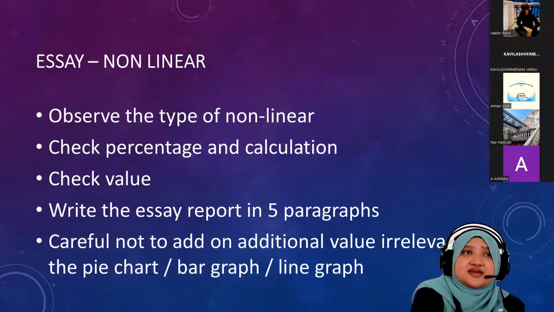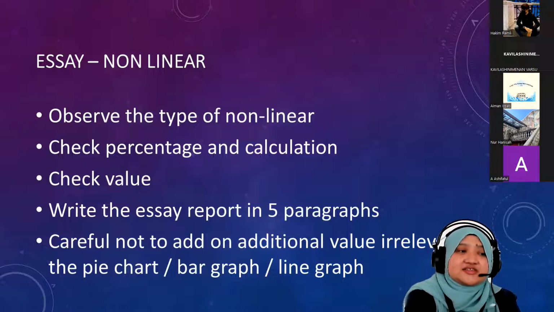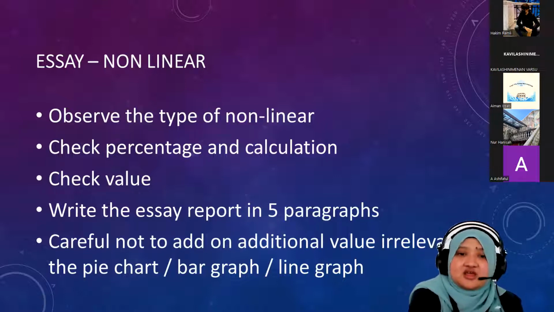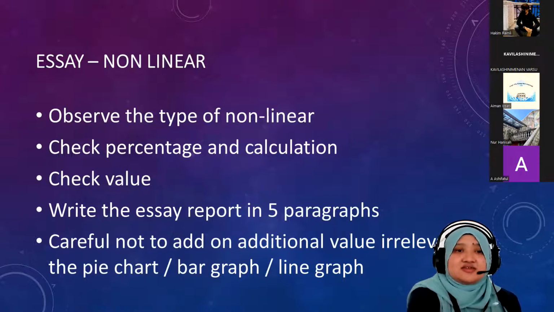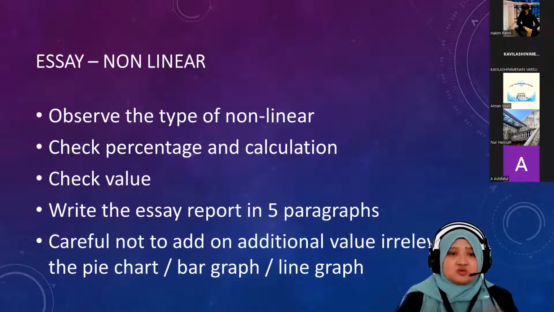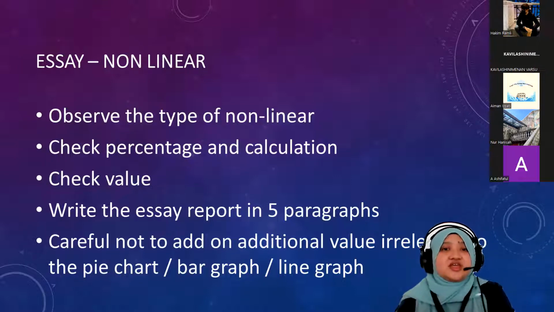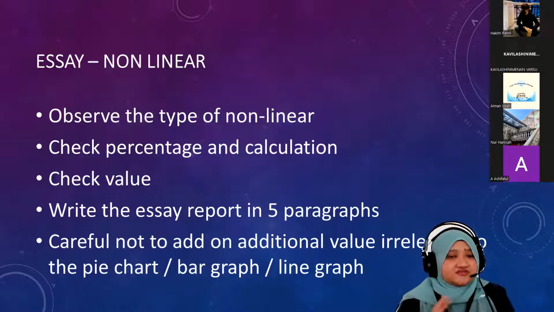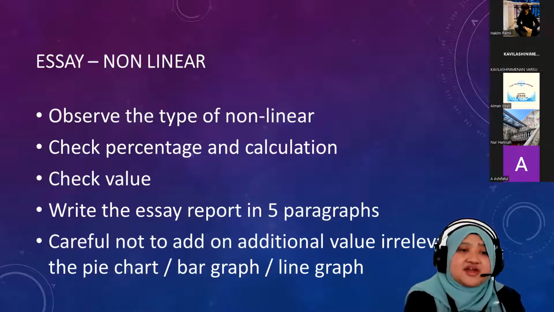You can make an educated guess based on the findings or based on the charts that is given, but you cannot simply give away opinion that is unsupported into your essay. So what you see is what you report. It's very straightforward and direct.